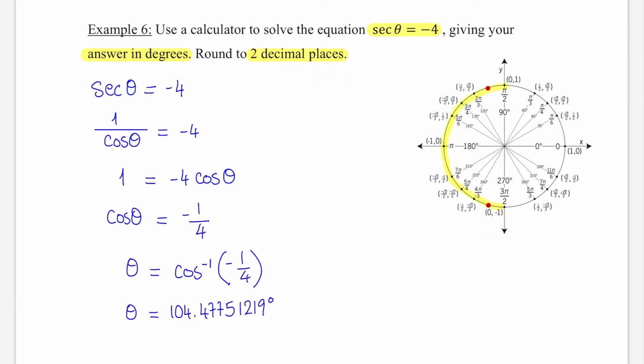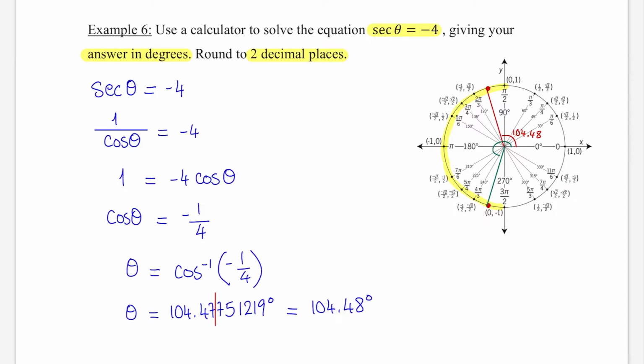The question asked me to round to 2 decimal places. 104.48 is this angle right here. The measurement from 0 to that red ray is 104.48. Now, I want to find the measurement for this green angle.